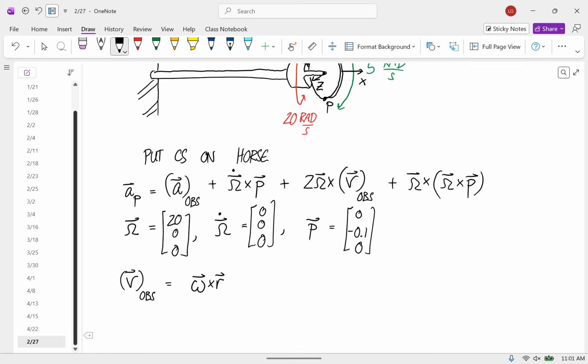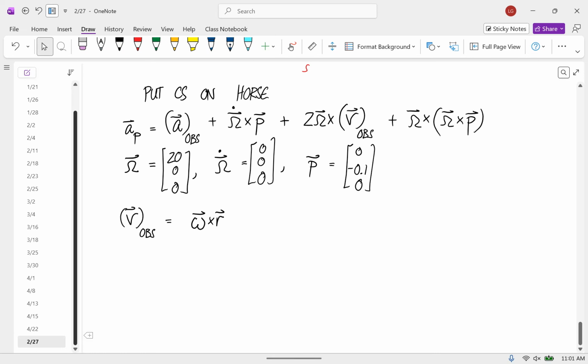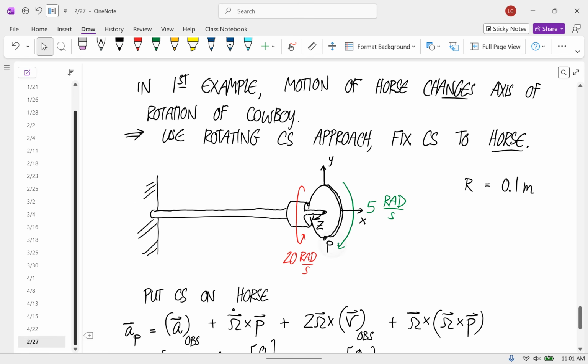Sometimes that's going to be the case, but it's not always the case. So each time think carefully about that definition. So what's the angular velocity of the body, the disk, according to that coordinate system? So think of the right hand rule. Your hand is curling this way, so your thumb is in the negative z direction. So it's going to be 0, 0, negative 5.